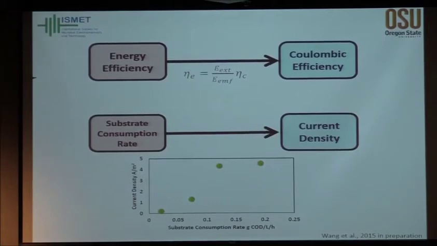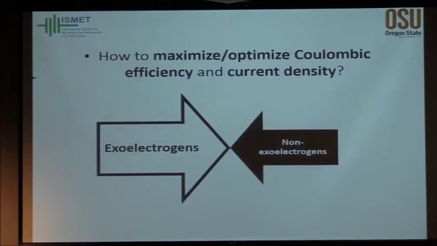The current density is representative of the substrate conversion rate to electricity. So in order to maximize and optimize the Coulombic efficiency and current density, exoelectrogens need to outcompete the non-exoelectrogens in the MFC.